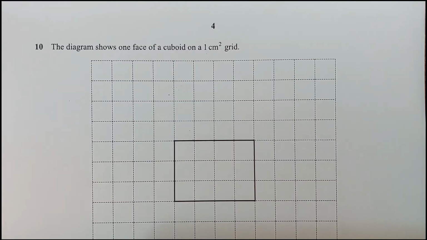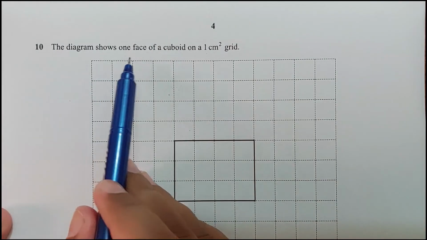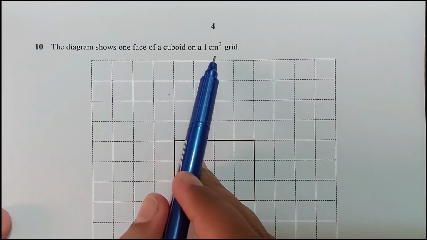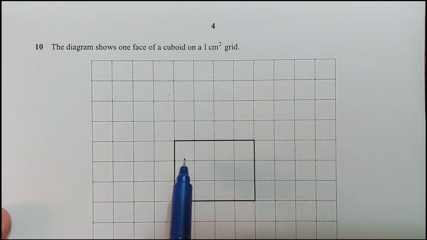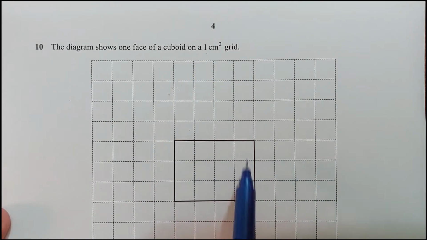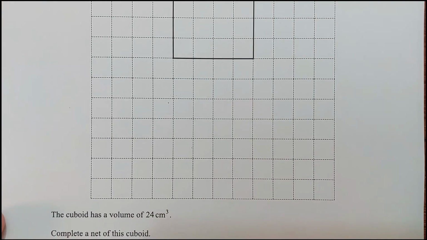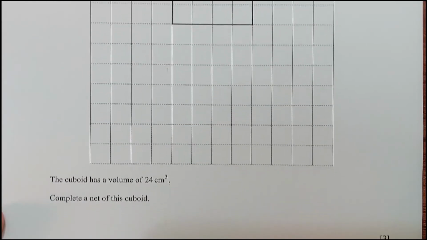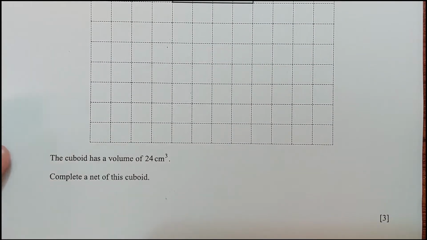Right. Question number 10. The diagram shows one face of a cuboid on a 1 centimeter square grid. So this face is 4 by 3. The cuboid has a volume of 24 cubic centimeters. Complete the net of this cuboid. The volume of a cuboid is length times width times height.